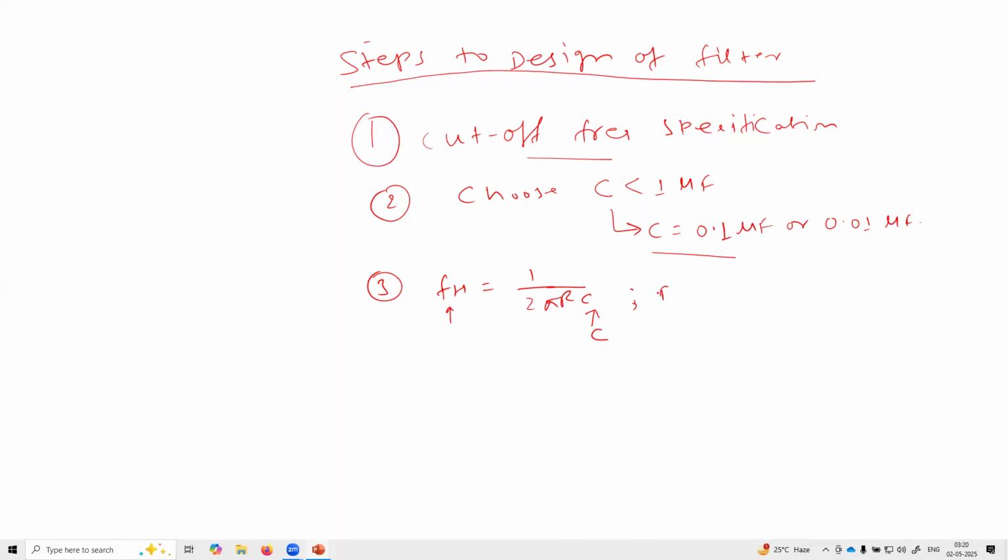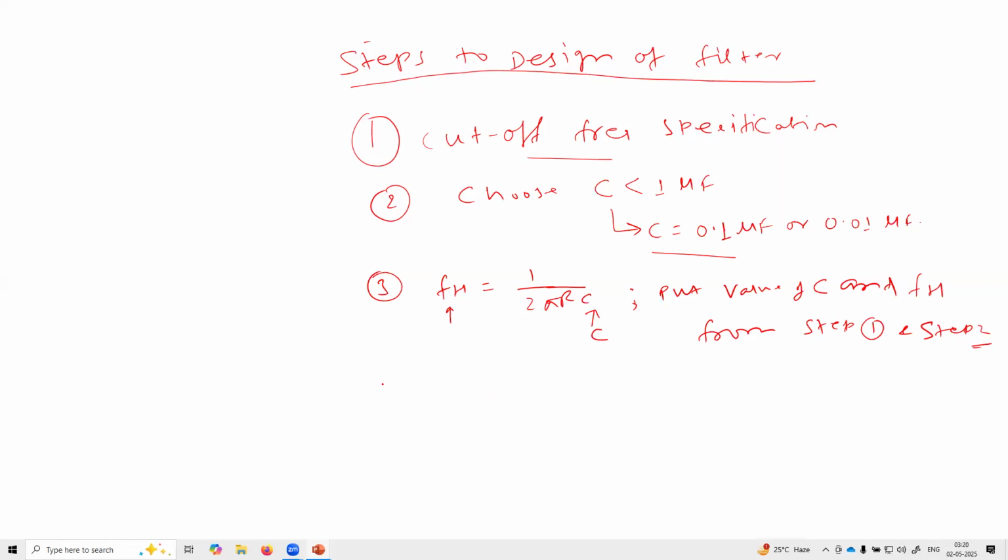So put the value of C and FH from step 1 and step 2.